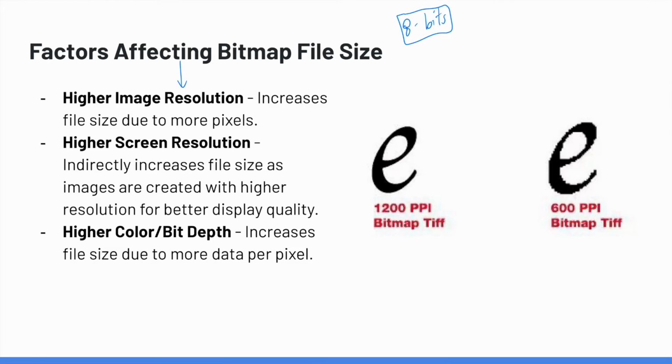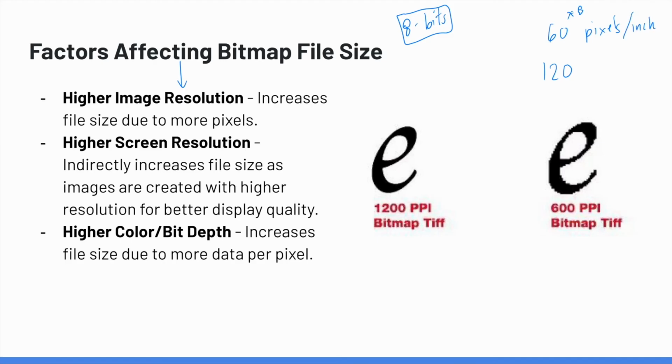For example, if we have 60 pixels, then to get the number of bits, we just do 60 times 8. Really this would just be 60 bytes, right? Because 1 byte is 8 bits. However, if we had 120 pixels in the same area, let's say this is 60 pixels per square inch.